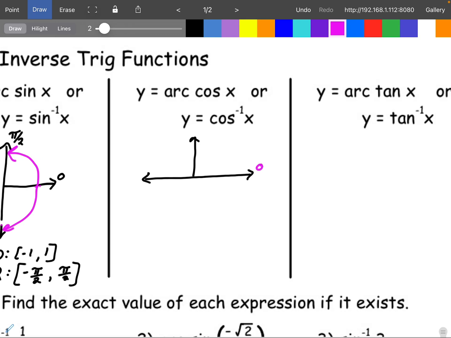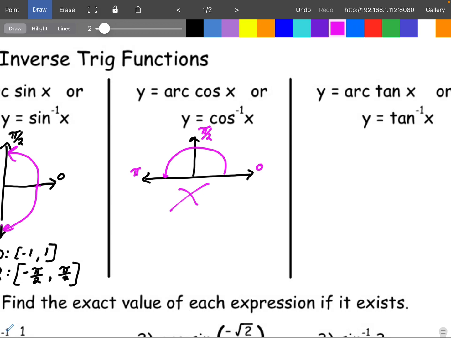But this one's not a big deal because I can go from 0 to pi over 2 to pi in a positive rotation without ever having to go through no man's land. So that one's okay. Therefore, think back to our original cosine function that we graphed the other day.